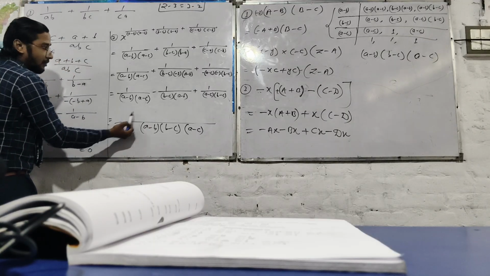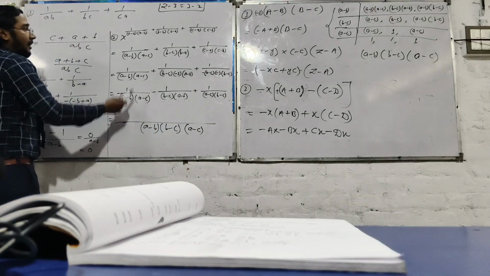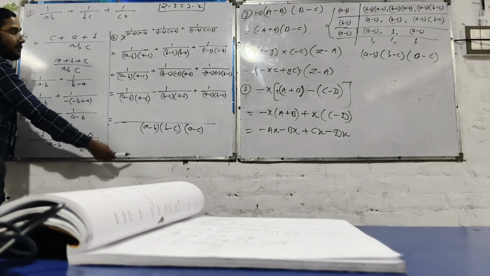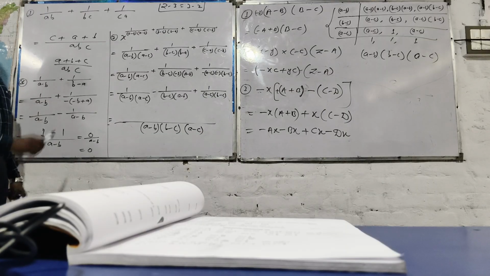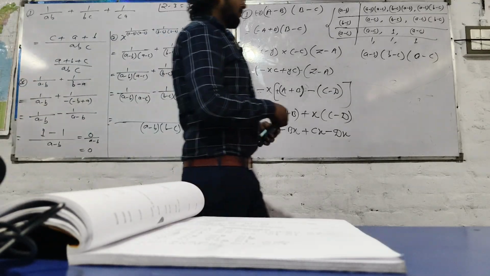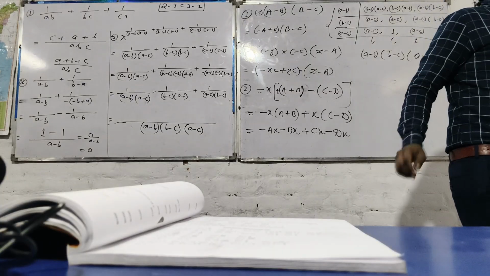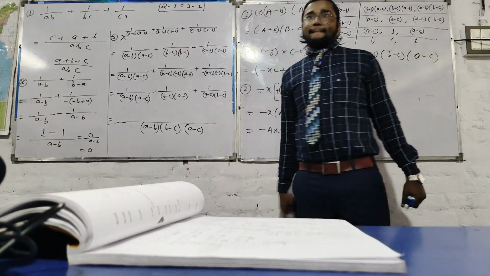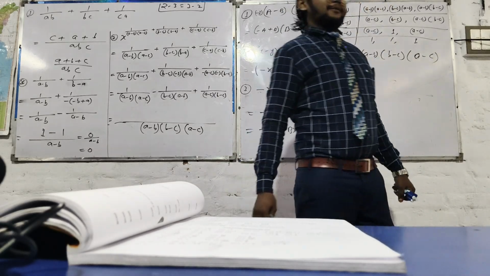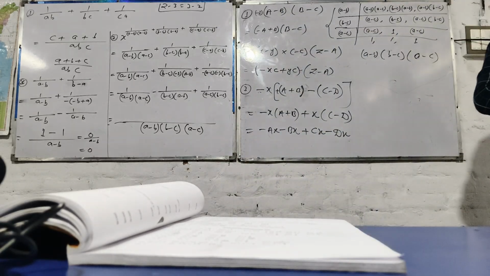B minus C. Okay. And again you solve this one. And after that you will put the X, and whatever the result will come out, put upon the X, right? And get the answer. So I hope you understood this thing. Okay? Copy this board only. Copy down.